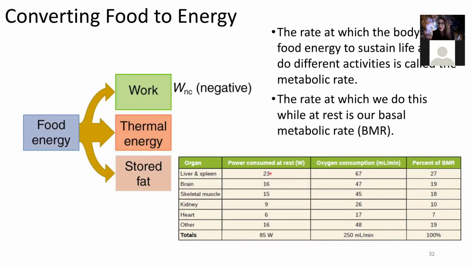This power that our body consumes is also related to our oxygen consumption. So the more oxygen we're consuming, the more power our body's also consuming. So you can measure a person's oxygen consumption rate and equate that to how much power their body is expending.